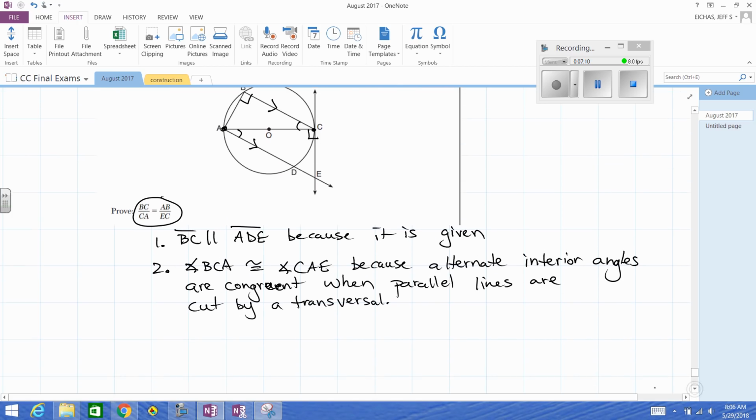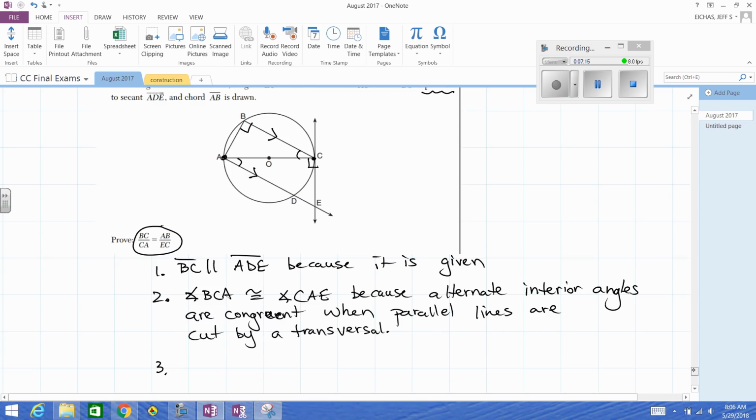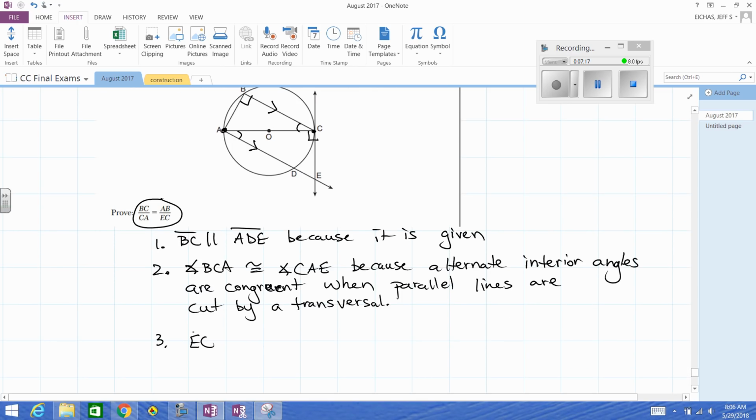Okay. Next, we should say that EC is tangent because it's given.